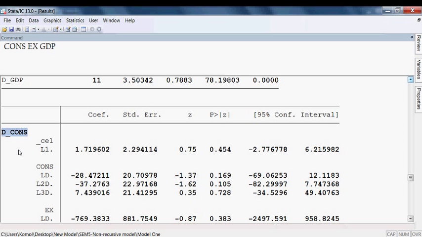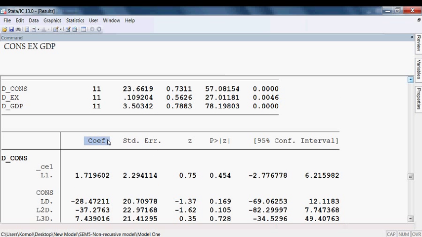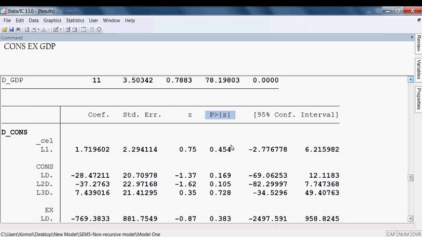You can see the dcons. This one is the dependent variable, and here is the coefficient, this is the standard error, this is the Z statistic, and this one is the probability value.